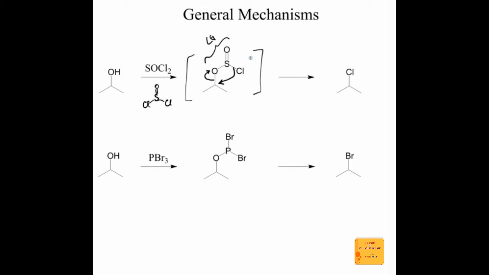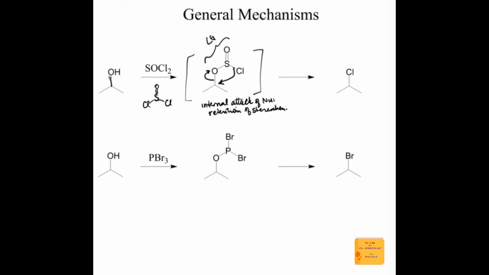So the SOCl2, kind of like the tosylate, makes this sulfonyl kind of leaving group, but it also has a chlorine on here which will replace that leaving group as it leaves. It gets an internal delivery. Okay, so internal attack of the nucleophile, and what actually happens with the stereochemistry is we get retention of stereochemistry.